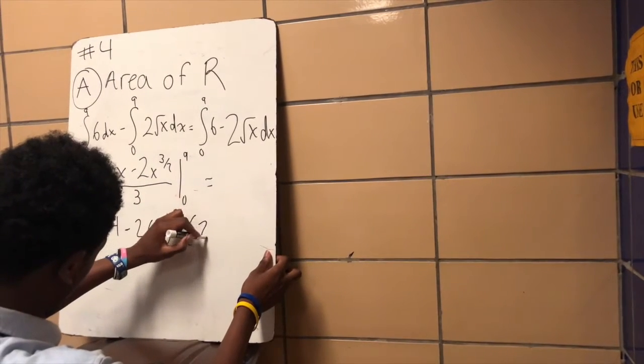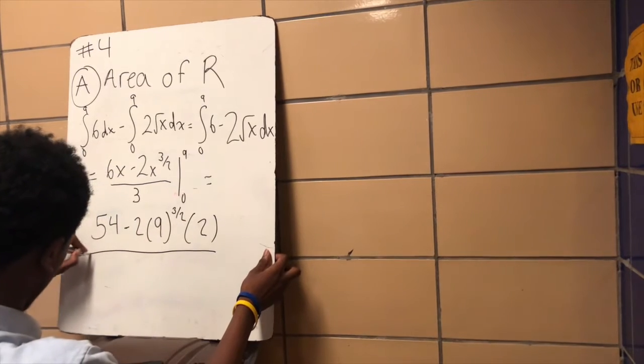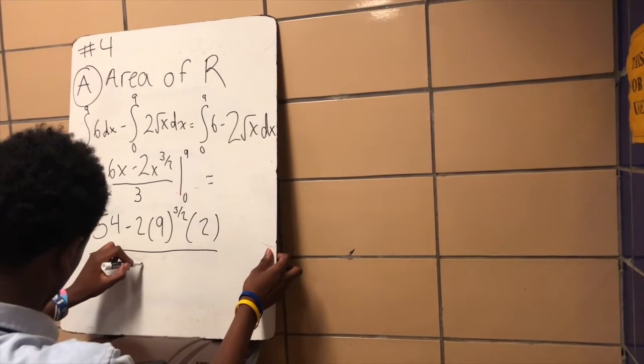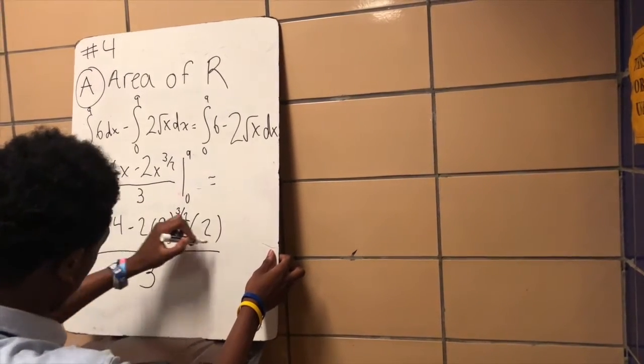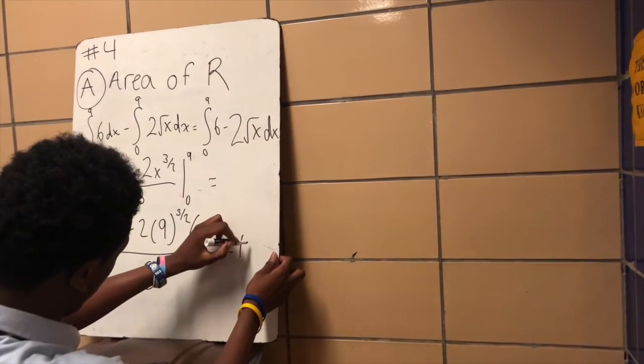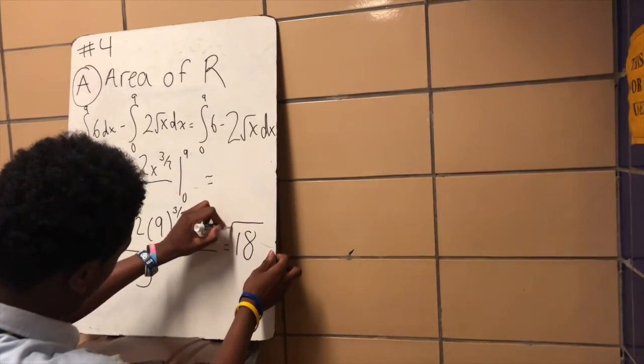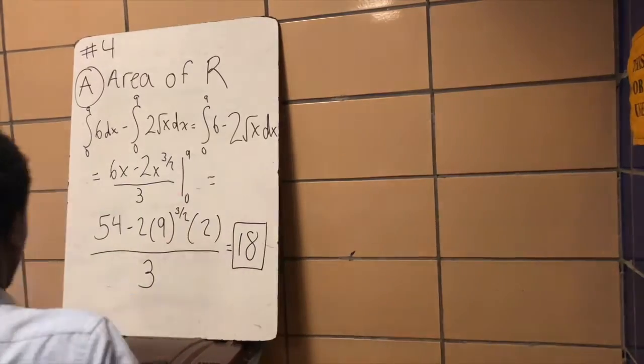Be sure not to overlook the boundary line y equals 6, because you would do the integral from 0 to 9, 2 radical x dx, which represents the region under, not between the 2 curves.